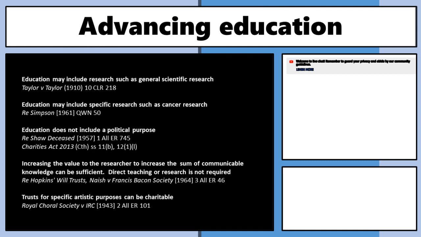Okay, and make note when doing this research process that education doesn't have to be teaching related, definitely doesn't have to be teaching related. It can be research related, and it can also be research related if it's adding value to the researcher themselves.